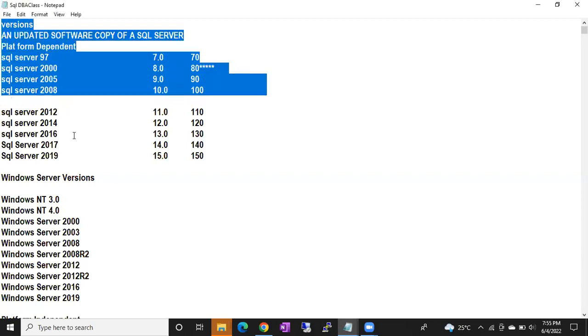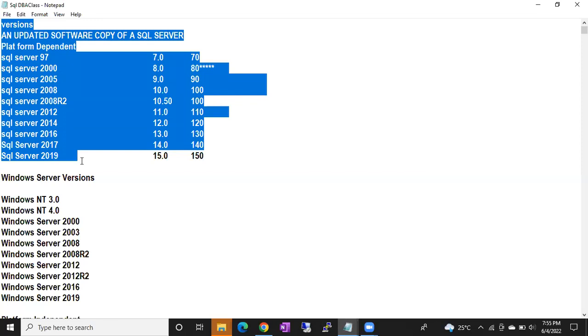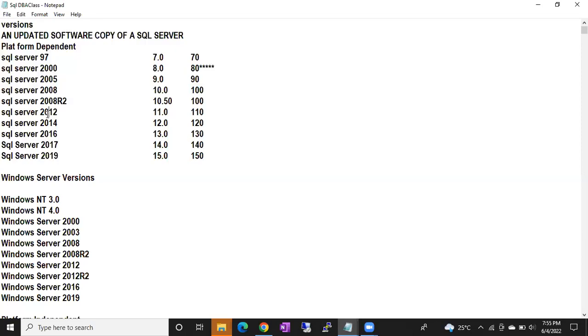Right, so let's start with the versions. Earlier we discussed what SQL Server is. So now let's slowly discuss SQL Server. What is a version of SQL Server? The definition of a version is that it's an updated software copy.